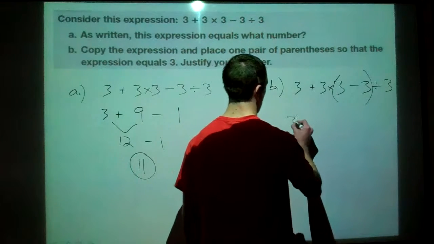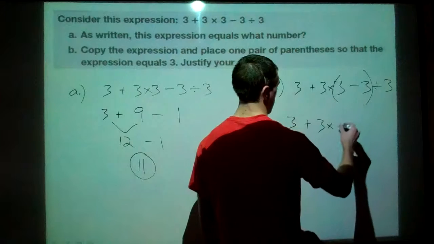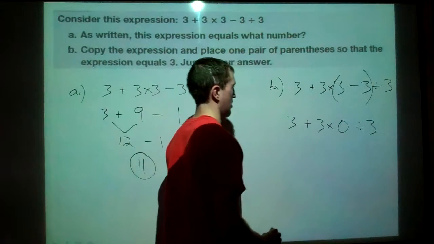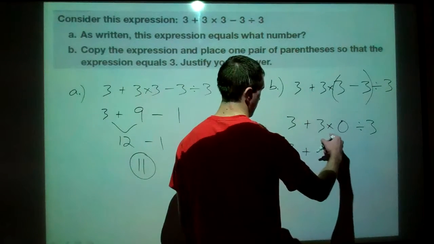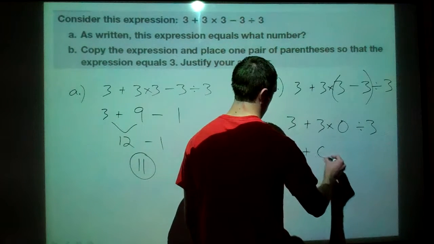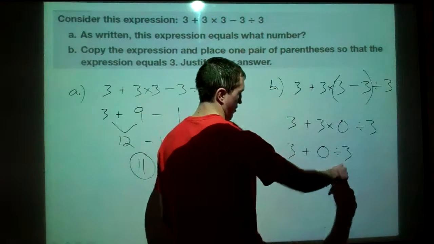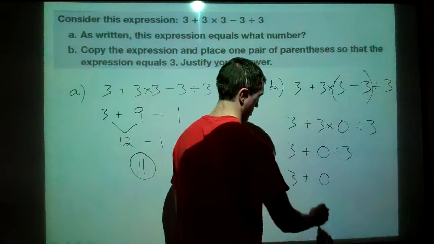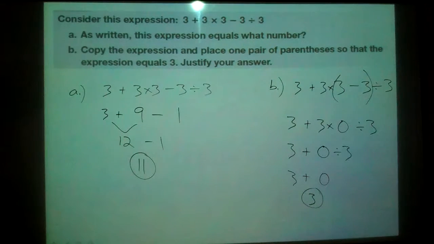So 3 minus 3 is 0 divided by 3. Then we've got 3 plus 3 times 0, which is 0 divided by 3. And 0 divided by 3 is 0. And 3 plus 0 is 3. So that's how we would go about doing that one.